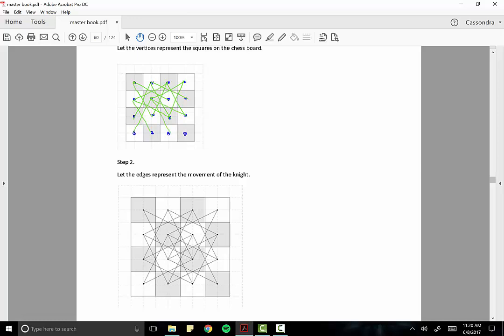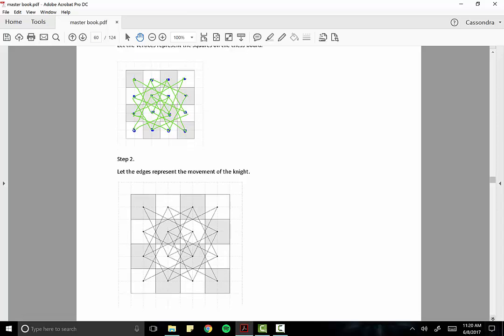Obviously, pieces in the center have more places that they can go. So the degree of those vertices will be higher than ones on the outside. So you have a poorly drawn version of this.